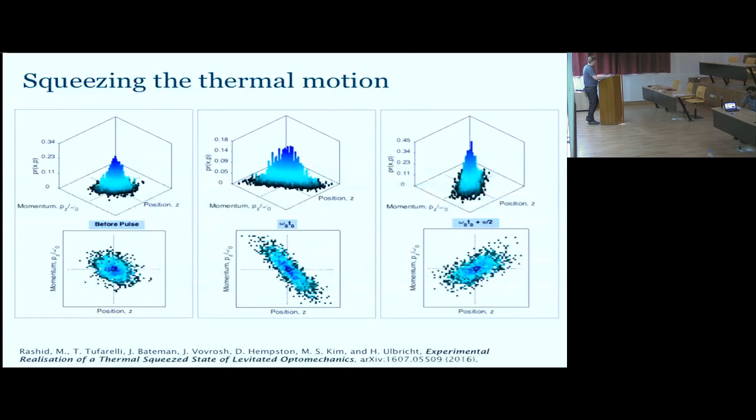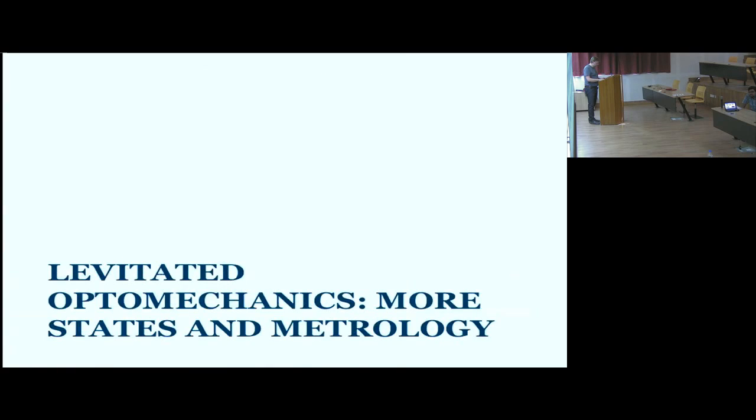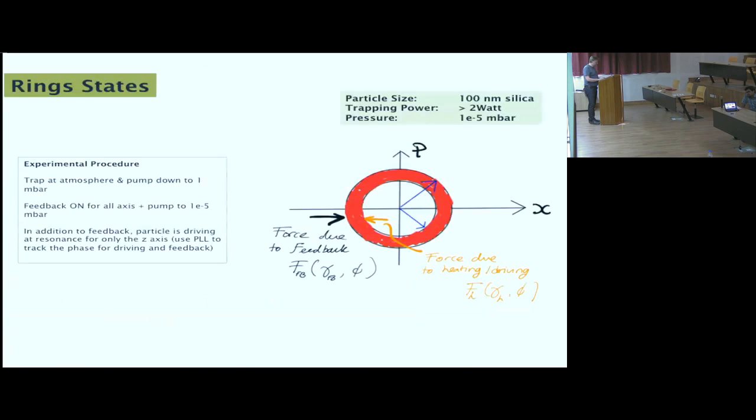Okay. So let me see. Yes, so you can do more states. You can also do this. Again, it's all classical, but what you can do is basically a ring state. Also you have seen something similar yesterday.